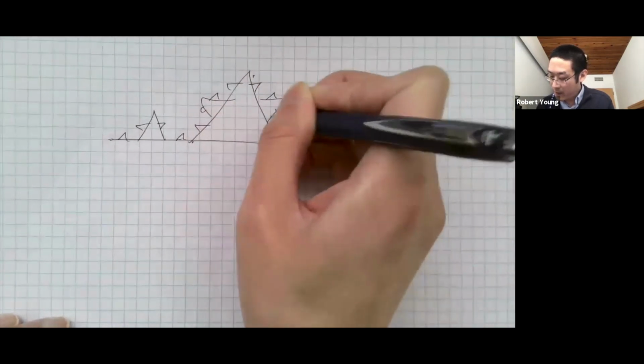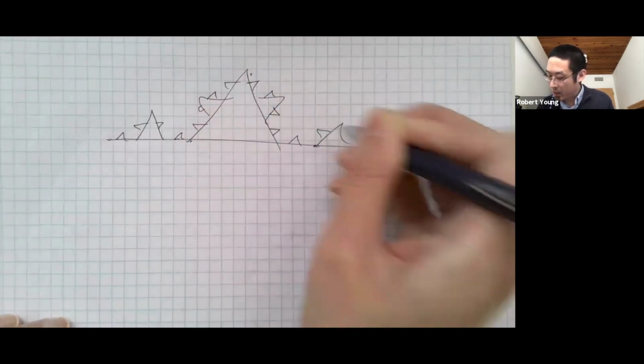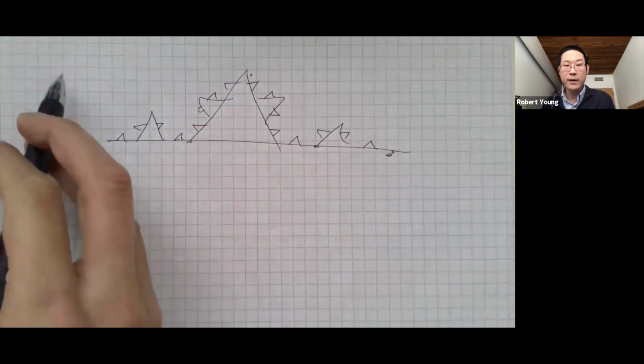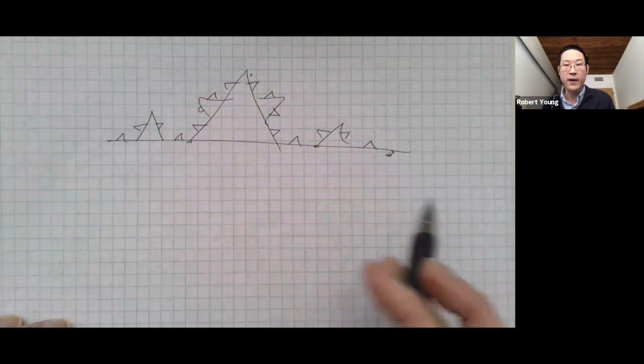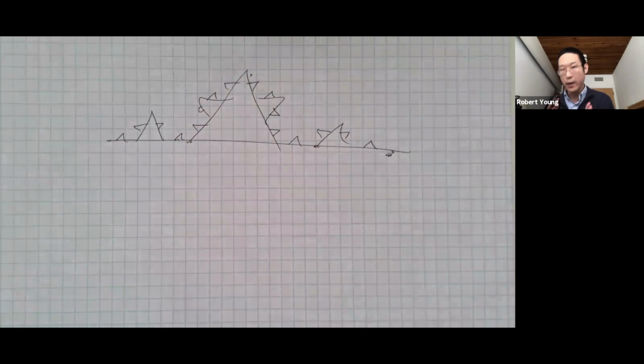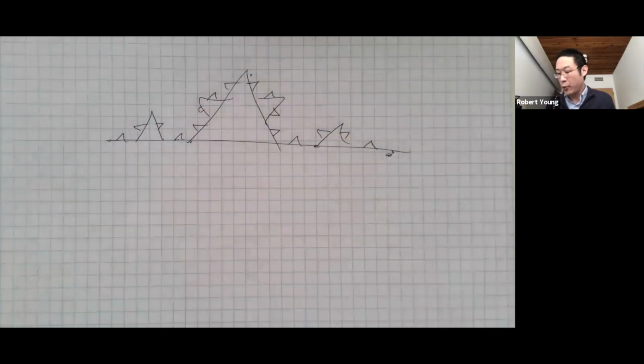The limit of this construction is not a rectifiable curve, but if I just do this construction, if I add these triangles, say for 100 iterations, that curve is rectifiable, because it's made up of 4 to the 100 tiny little straight line segments. But it's not really uniformly rectifiable.